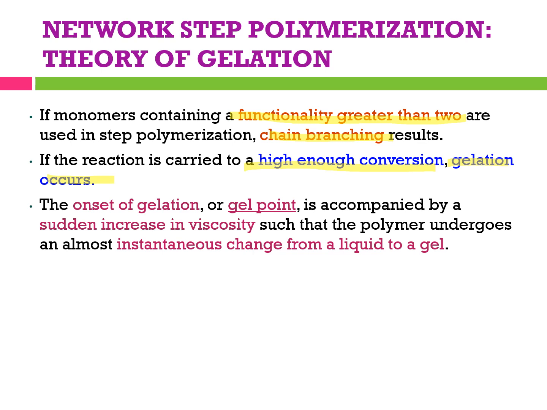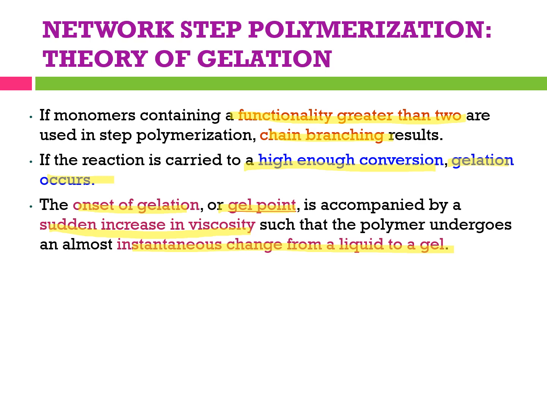Therefore, during polymerization reaction, it is important for us to determine the onset of gelation, also known as the gel point. It is the time where gelation of polymerization is started. The clear indication of the gel point is that when you do polymerization, there is a sudden increase in viscosity such that the polymer undergoes an almost instantaneous change from a liquid to a gel.